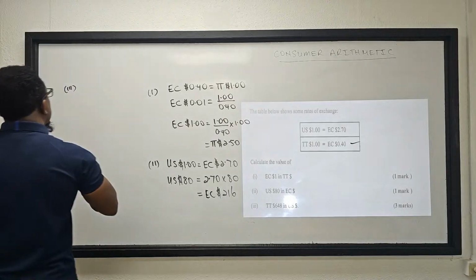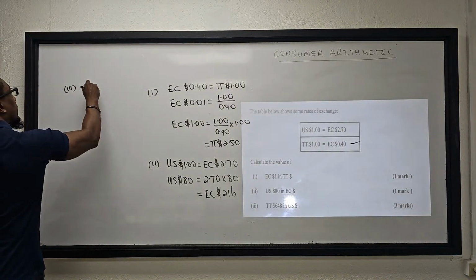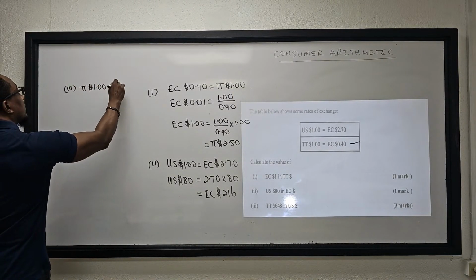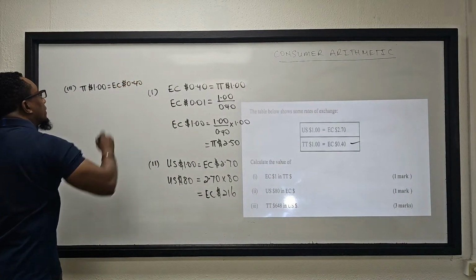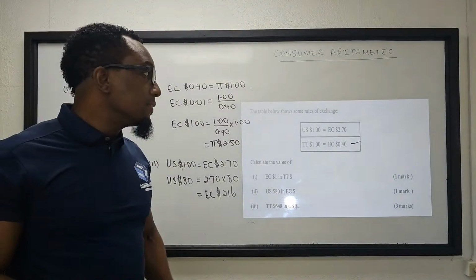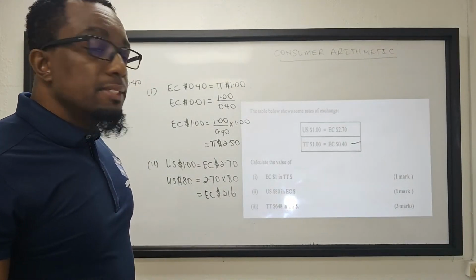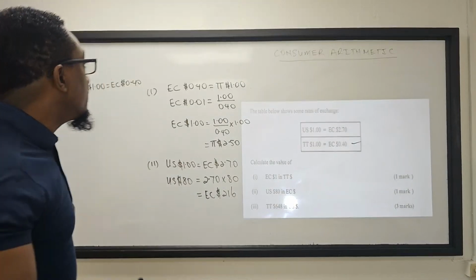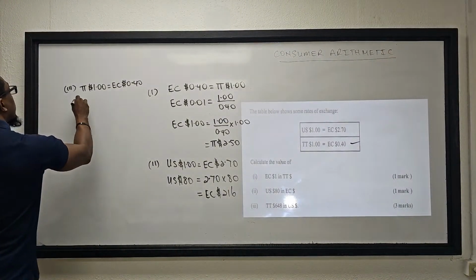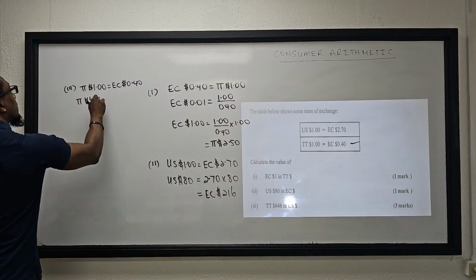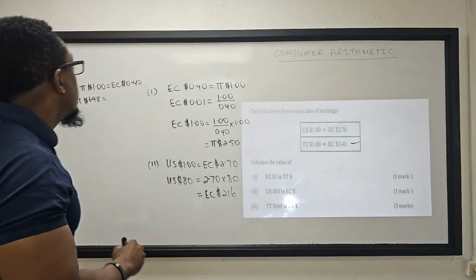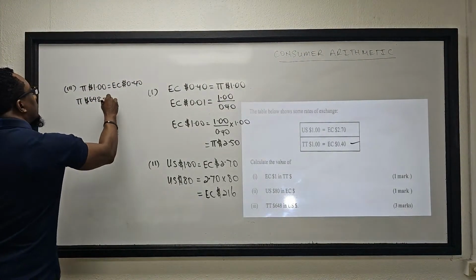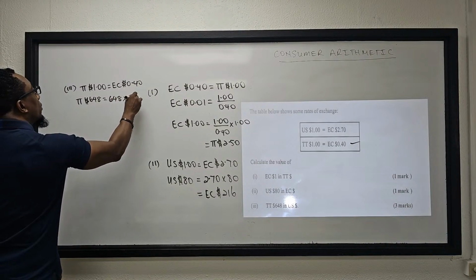So we're going to start with TT $1 is equal to EC 40 cents. So whatever 1 TT is equal to EC, then it's easy for us to convert 648 TT to EC. So TT 648, want to know what 1 is equal to, then 648 is to multiply 648 by 0.4.